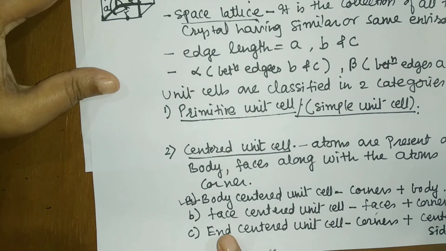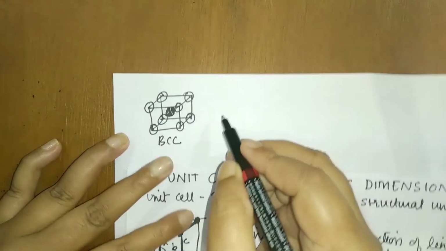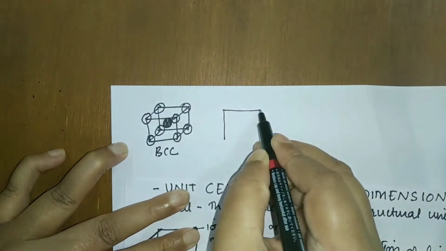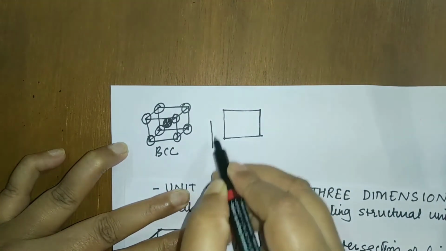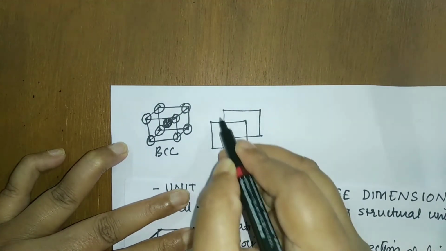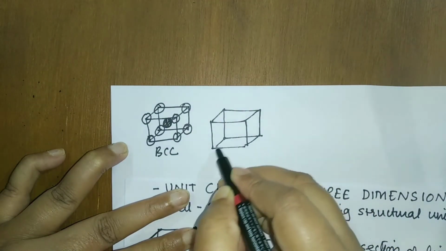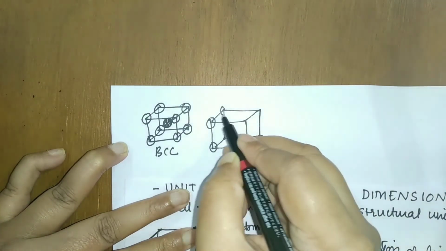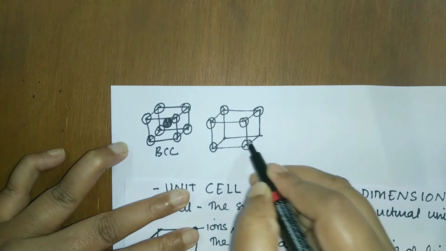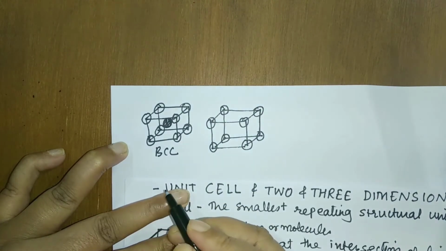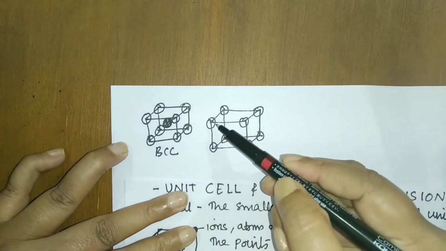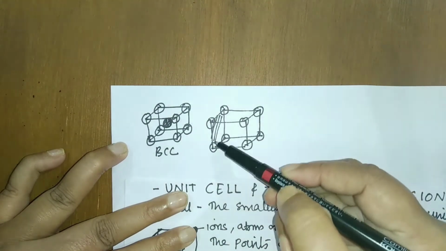Let us see the second one, that is face centered unit cell. If I draw the structure here, this is your unit cell. Other than the atoms present at the corner, the atoms are present in the faces. Now where is the face, student? This is the face. This is one of the faces.